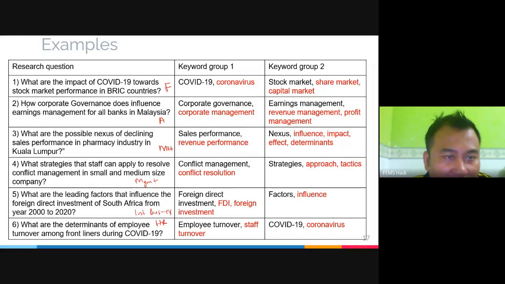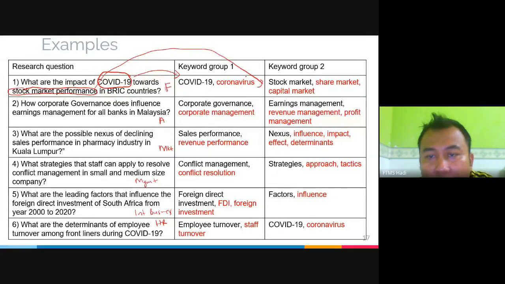From this question, come up with the keyword. So one of the keywords that I'm interested to search is COVID-19. And then the second one is this, because this is the interest: I, stock market performance. That means keyword group number 2.